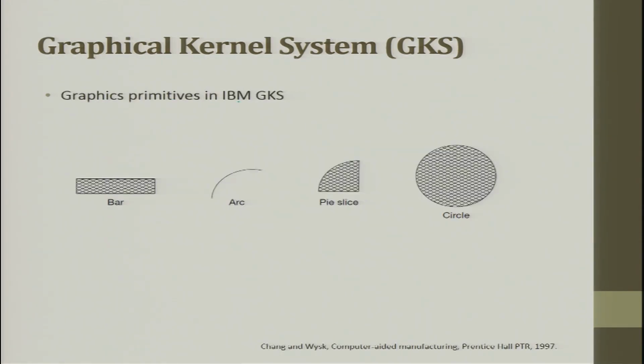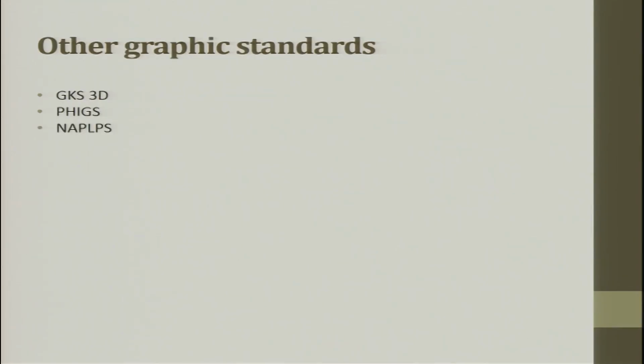Graphic primitives in IBM GKS are bar, arc, pie slice and circle. These are all primitives which are already available in the graphic kernel system. Other graphic standards are GKS 3D, PHIGS and NAPLES.